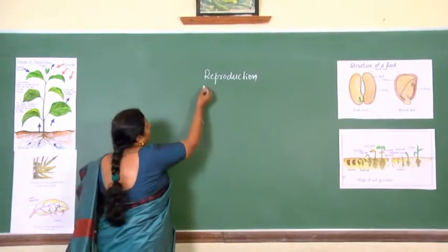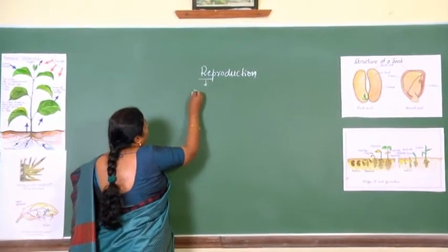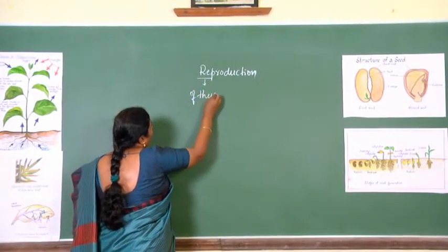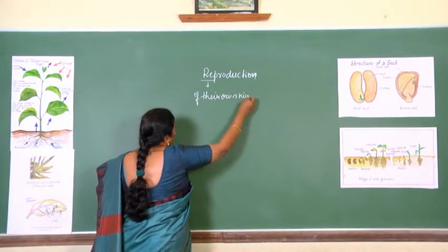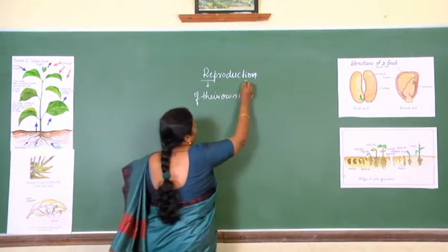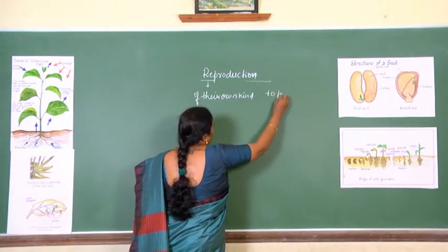Here, re means of their own kind, whereas production means to produce.